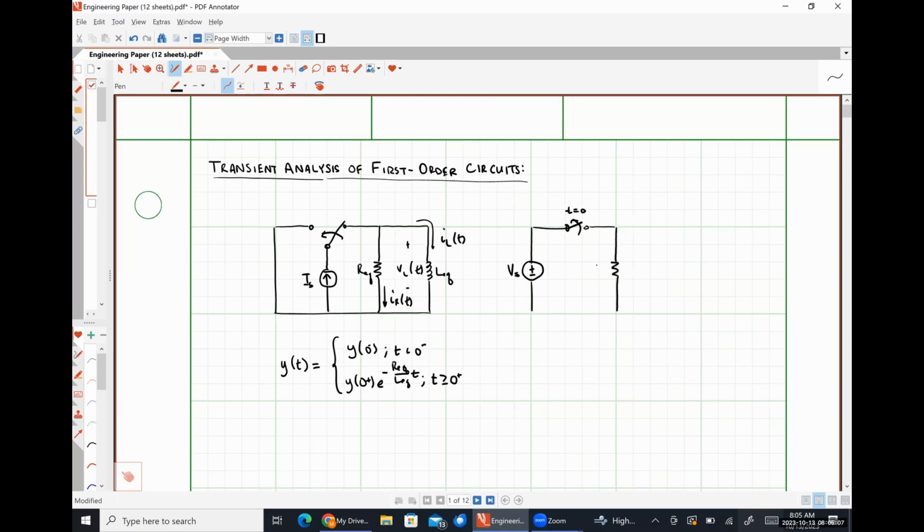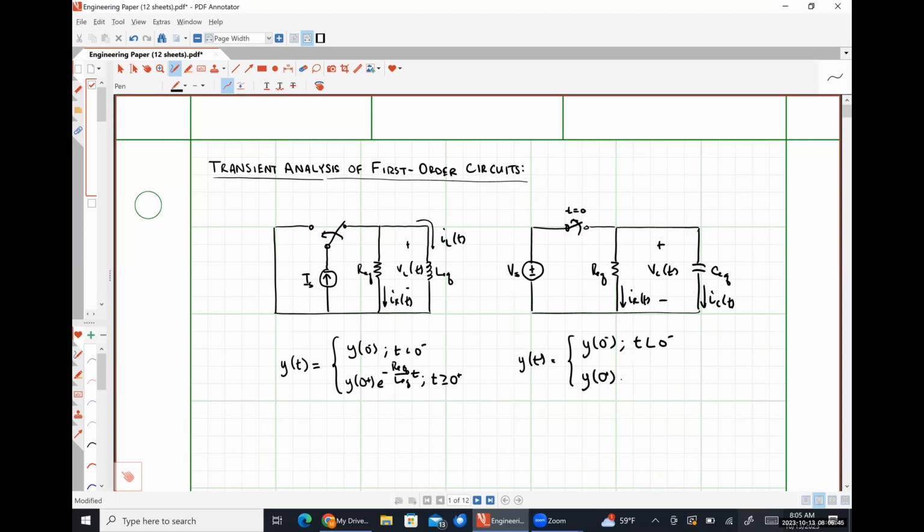We were dealing with systems that could be described as follows, where we have some REQ, some CEQ, here's IR, here's IC, here is our voltage VC, and for these systems, we found that Y of t was equal to Y at 0 minus for t less than 0 minus, and Y at 0 plus e to the negative t divided by REQ CEQ for t greater than or equal to 0 plus.